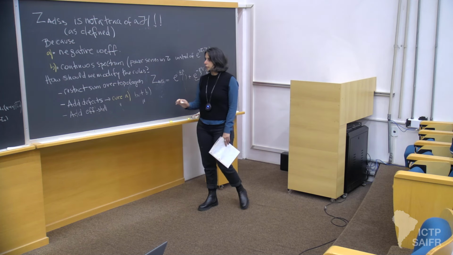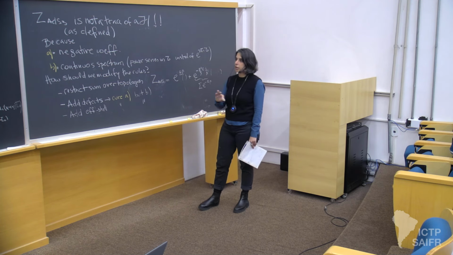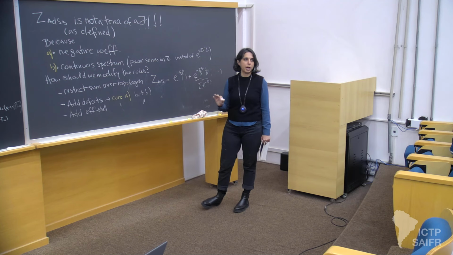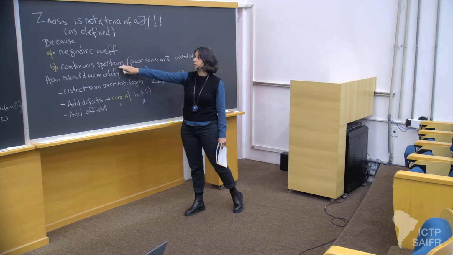So up to date, nobody has been able to understand a modification of the gravitational path integral such that you fix both of these problems. Nobody has been able to fix this last problem. There's absolutely no clue how to get rid of this.